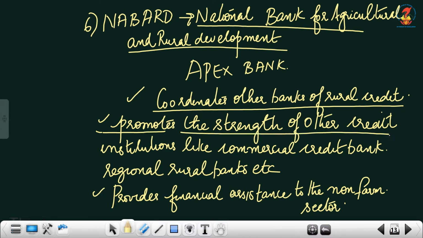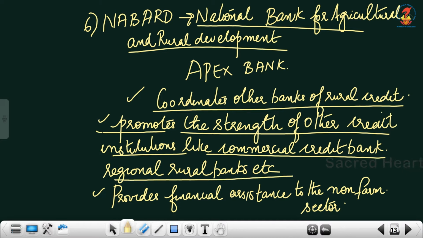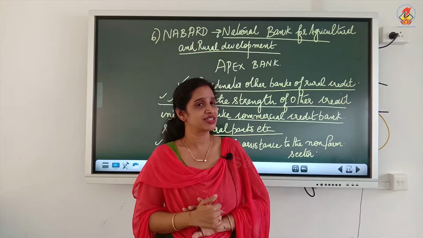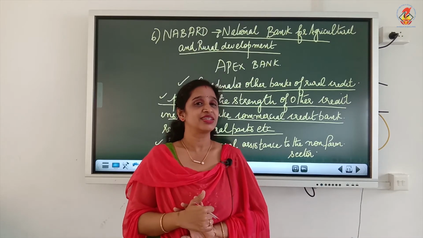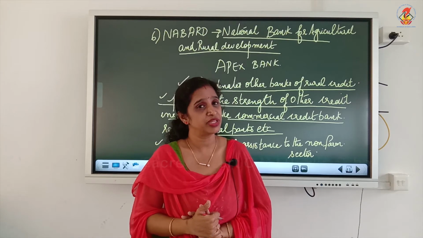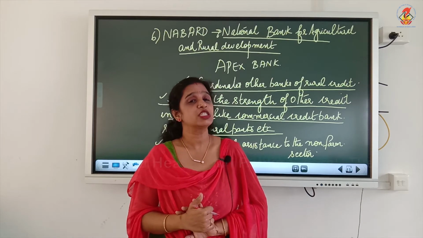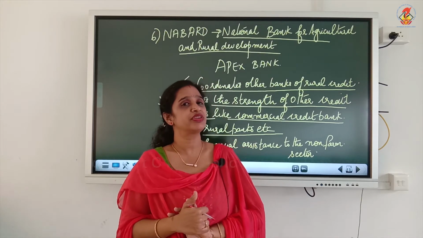It promotes the strength of other credit institutions like commercial credit, then regional rural banks, etc. We learned about commercial credit and regional rural banks. Commercial rural credit means the credit facilities provided to the farmers at a lesser rate of interest.